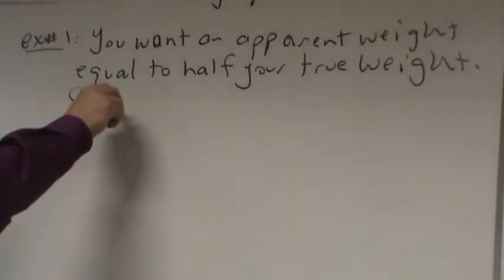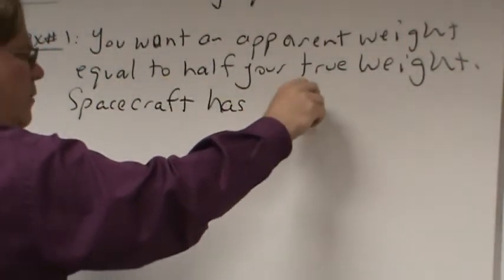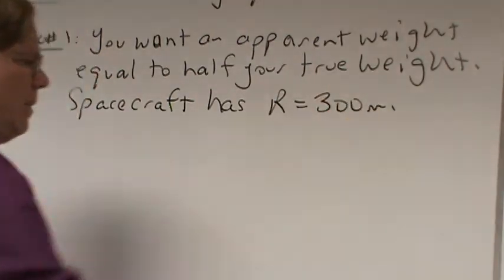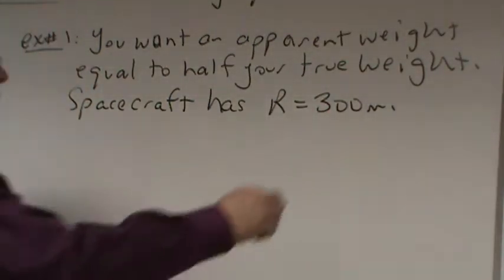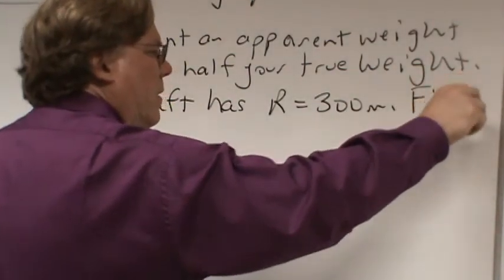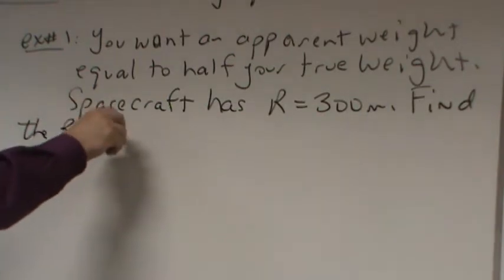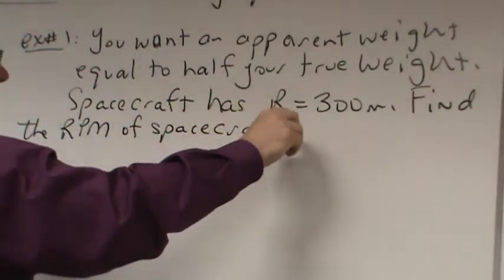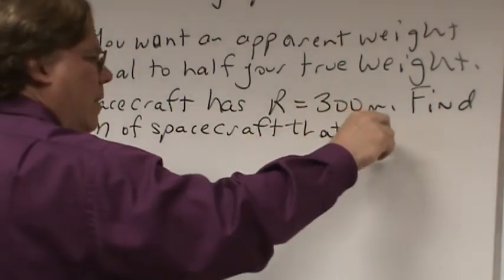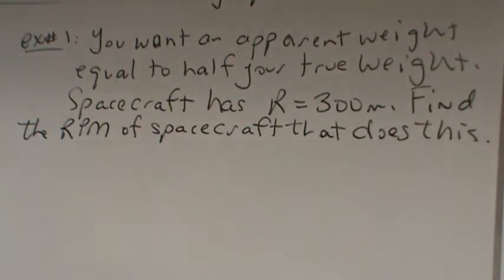The spacecraft has a radius equal to 300 meters. Find the RPM of the spacecraft that does this.